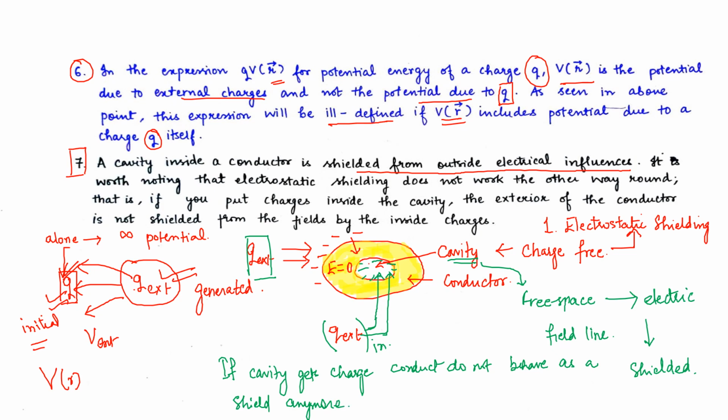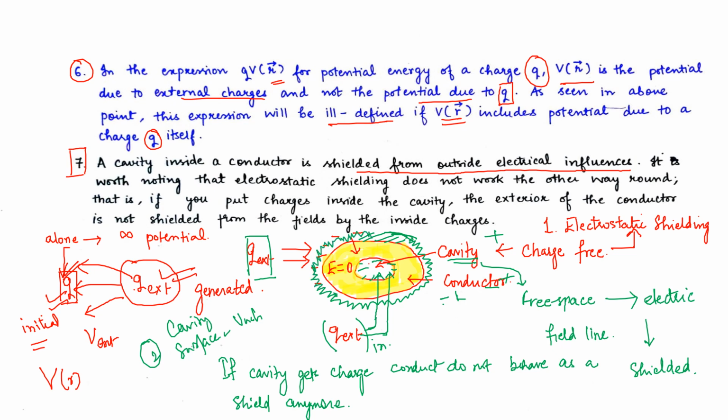And now the second thing you might say is that if the cavity is getting the charge, then the surface of the conductor should be uncharged. So this surface of the conductor should behave as an electrostatic shield. It doesn't happen so, because on this surface we have many charges which are not taken into account but do exist. Because of these charges we will have some electric field on this surface, and hence there will be flow of current.